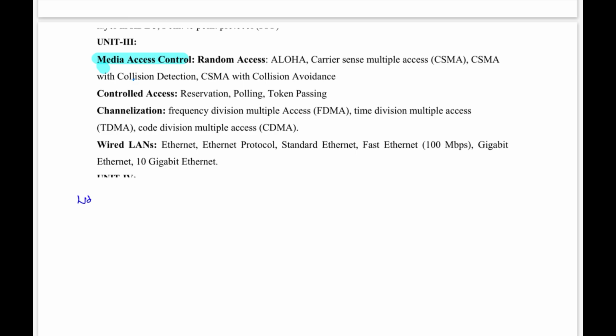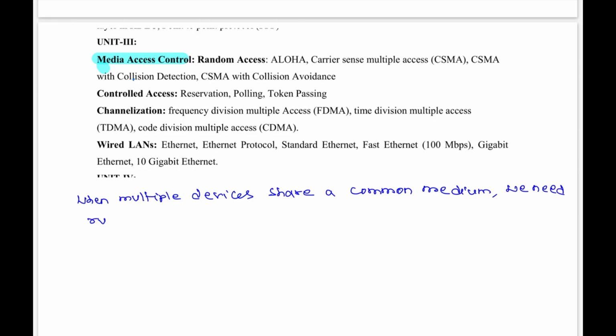When multiple devices share a common medium, we need rules for who can send data and when the data is being sent.